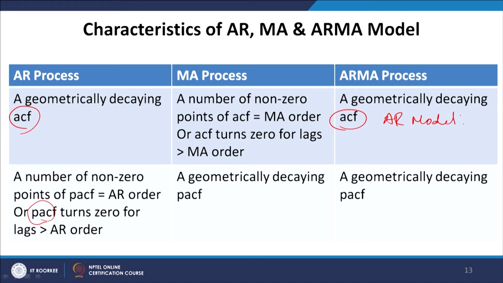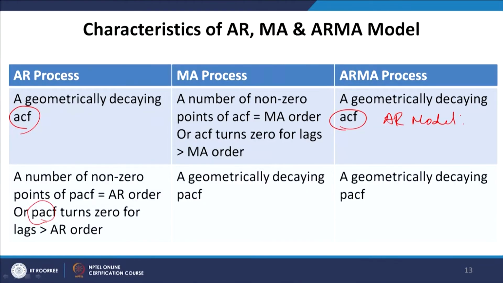So, that was a peculiar characteristic of AR processes: the PACF is available only up to the lag of the order, because if I have an AR process of order 3, then I will have a PACF between the current value and the first lag, between the current value and the second lag, and between the current value and the third lag. After the third lag there exists nothing. So, we will not have any PACF, but that is not true for MA processes.